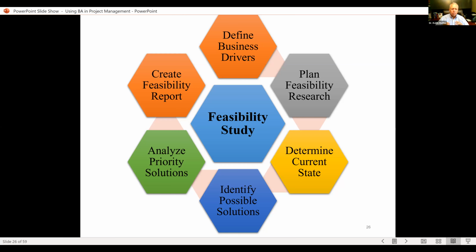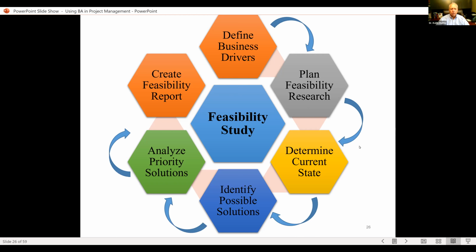And so this would normally either be part of the business case or an input into the business case. So we're talking way up at the front before the charter, because you've got your business case, then you've got your charter, and then after your charter, then you'll have your plans that you have created as a project manager alongside the BA. But this could be happening way up there in the very beginning of everything. And so all of these kind of feed into each other as you're working with this.